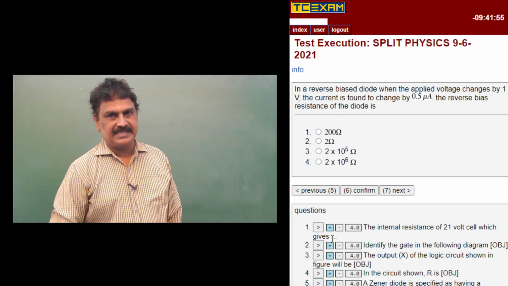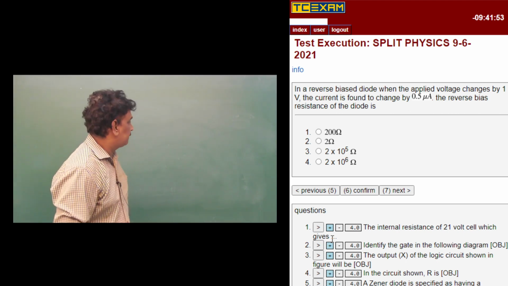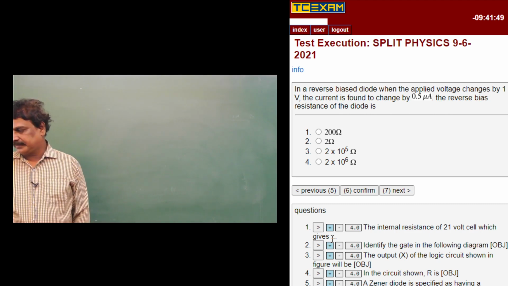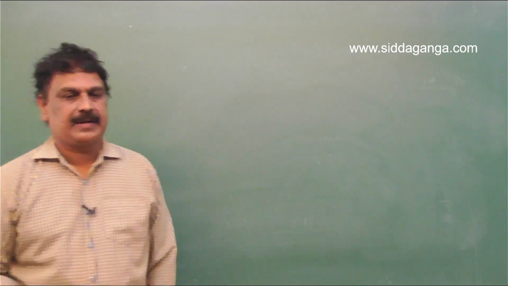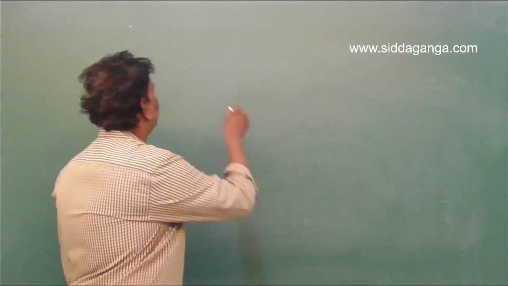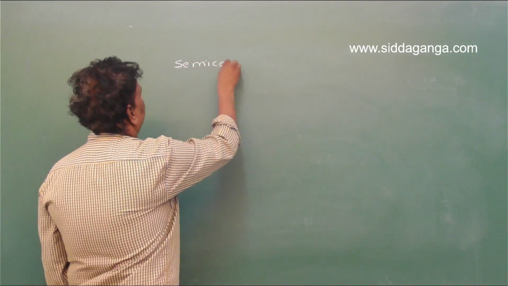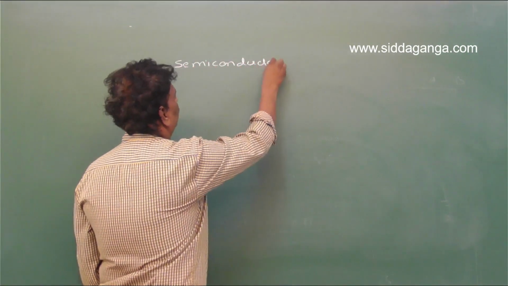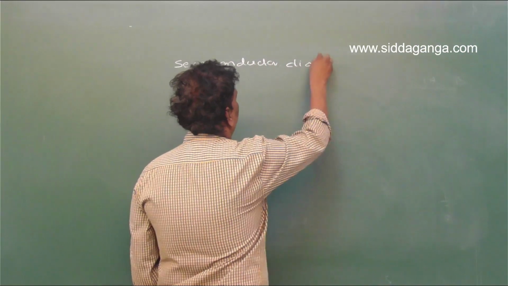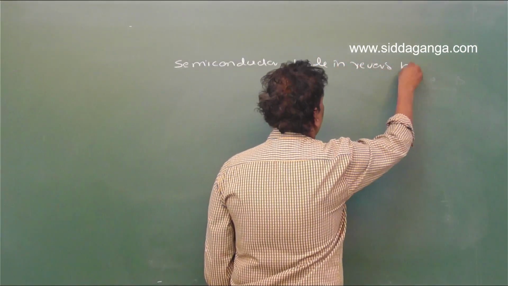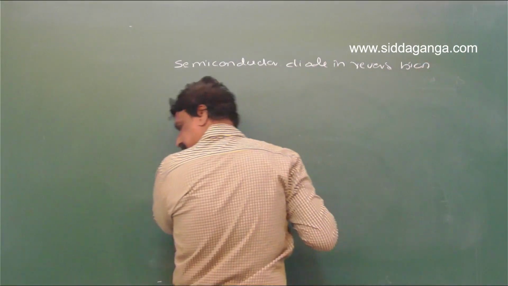The reverse resistance of the diode is? Now, we have given a semiconductor diode in reverse bias condition.